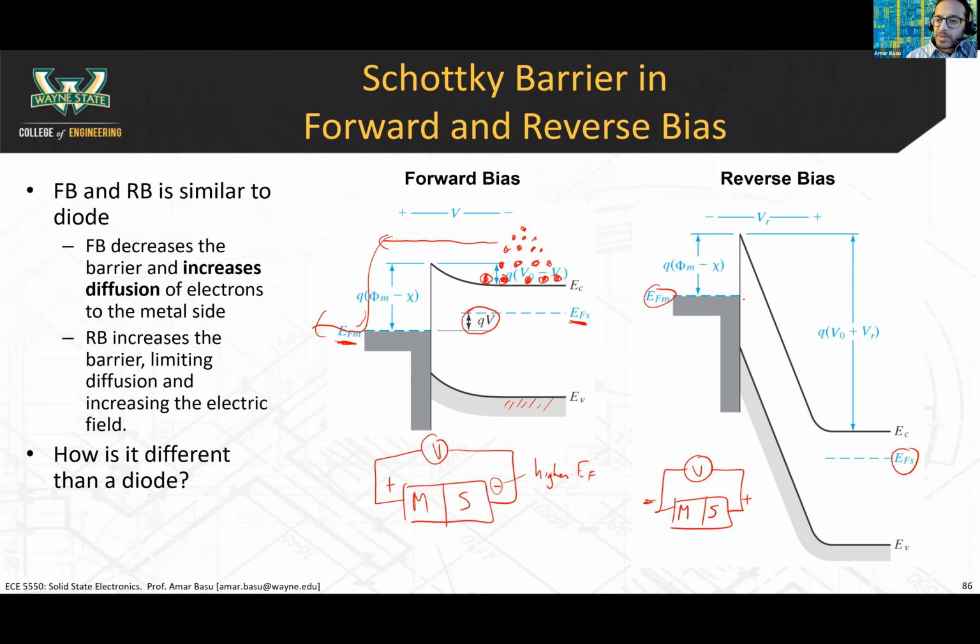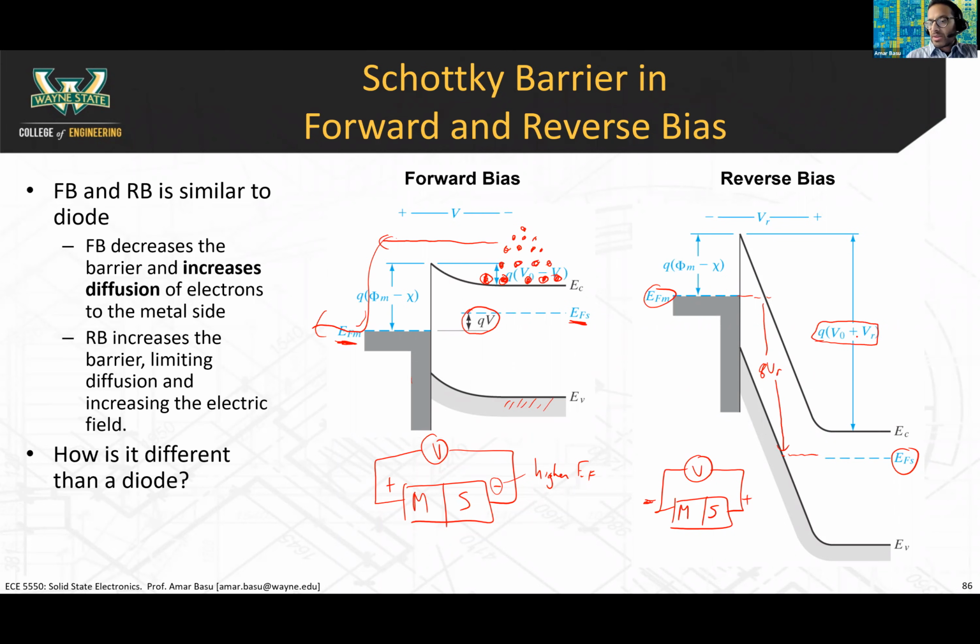Okay, the distance between these lines is not quite shown in this diagram here, but this is equal to QVR, this distance here. Okay, and that results in band bending. It increases the band bending to Q times V0 plus VR.